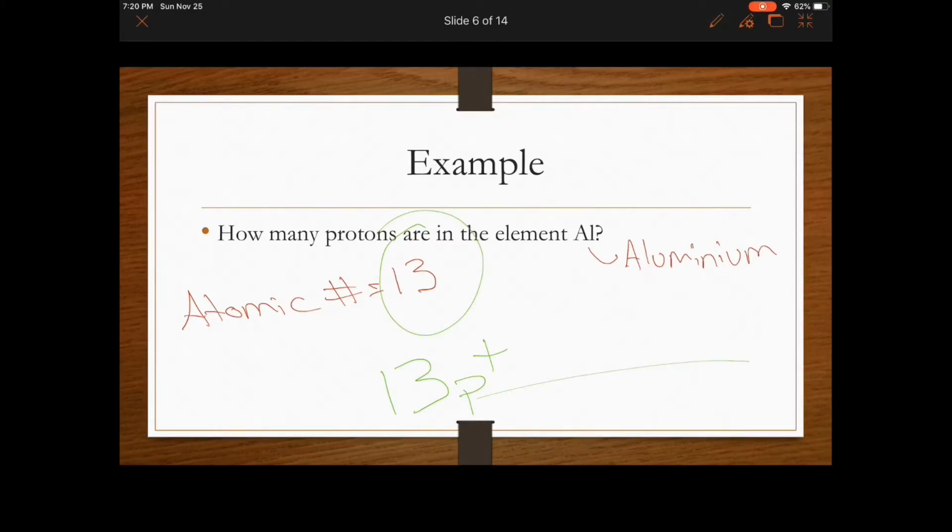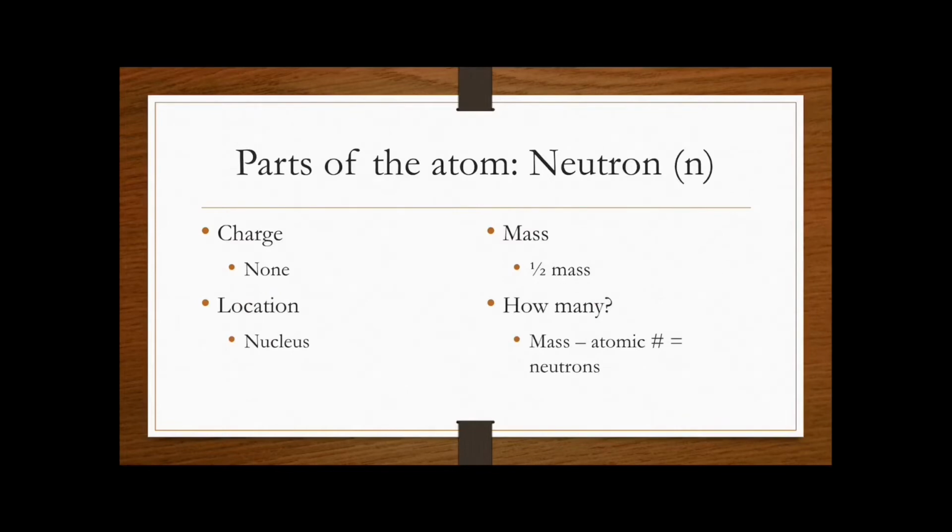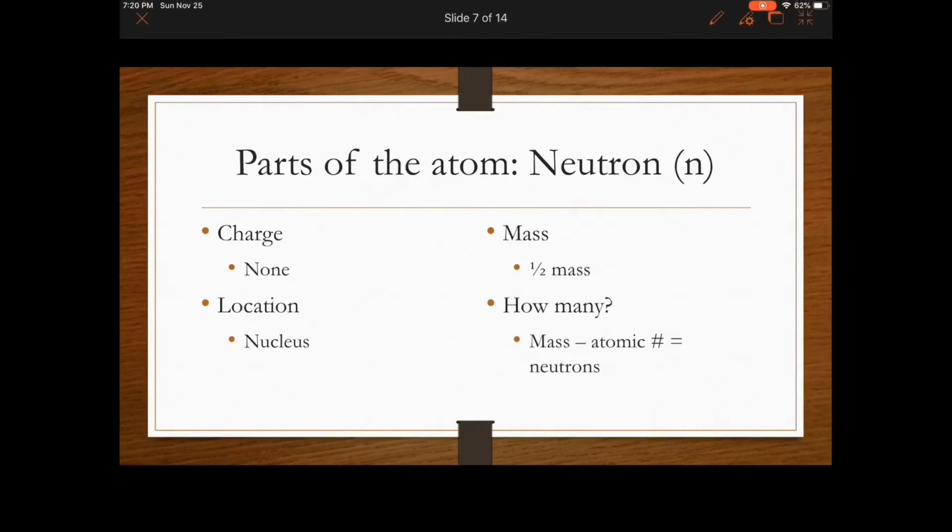All right, now let's talk about neutrons. The symbol for neutrons is going to be N, and I do not have a charge indication. That is because neutrons do not have a charge. They take up space, they have a mass, but they have no charge. And like we've talked about, they are located inside the nucleus.